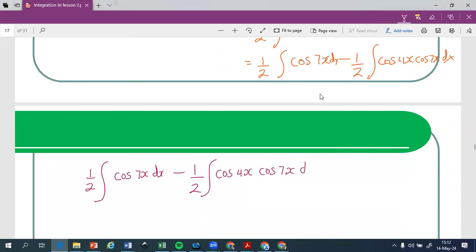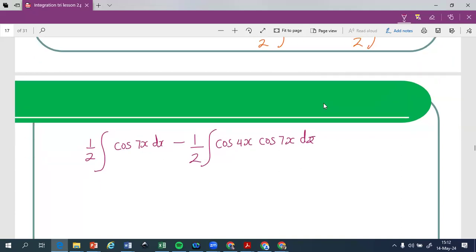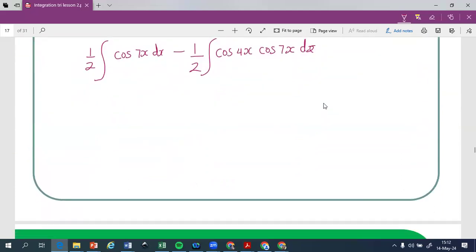And in fact, what you can do at times, when you find numbers like these that can be section B numbers, to be on the safer side, you can integrate it in parts. You can integrate it in 2 different parts and say, let me first work out this part, this one over half. But in case you want to carry the negative, no problem, of cos 4x cos 7x.